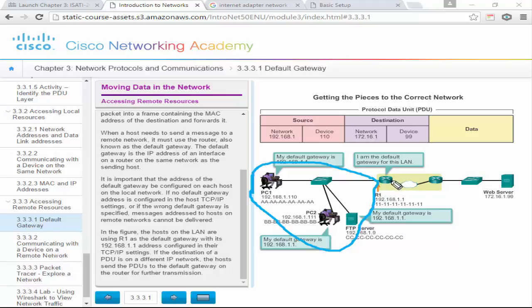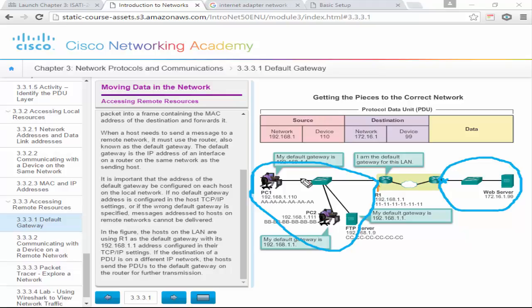The default gateway for this network over here is this router, because that's how this web server gets out of its network. That's what a default gateway is.